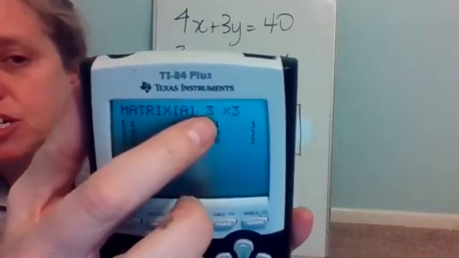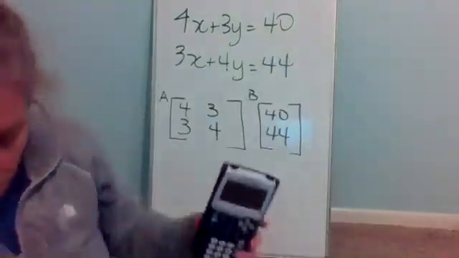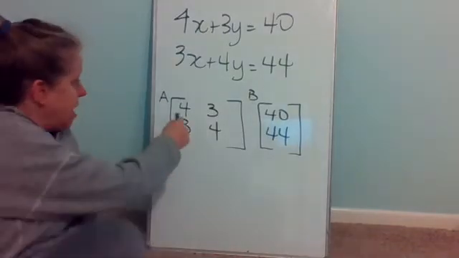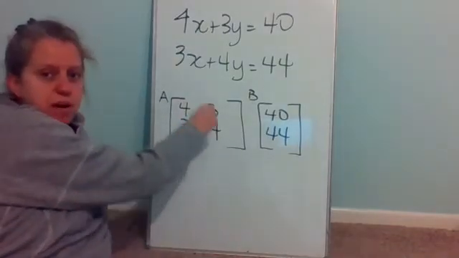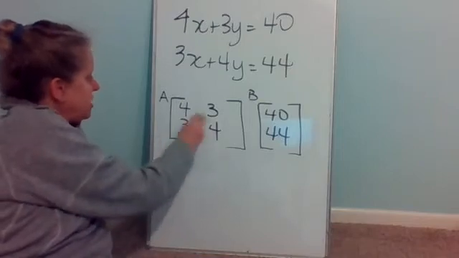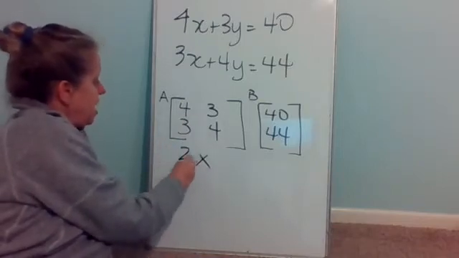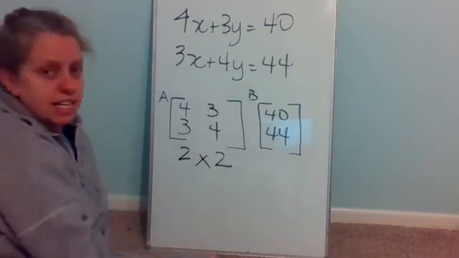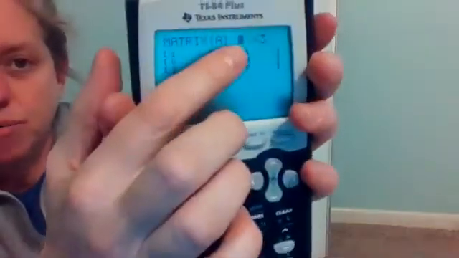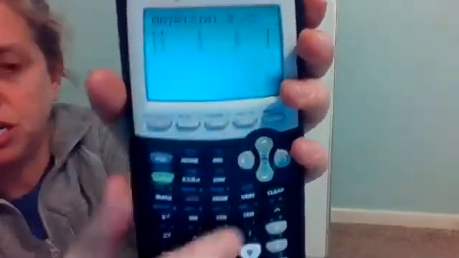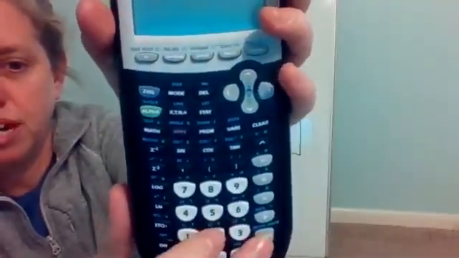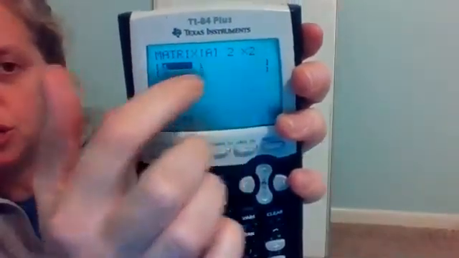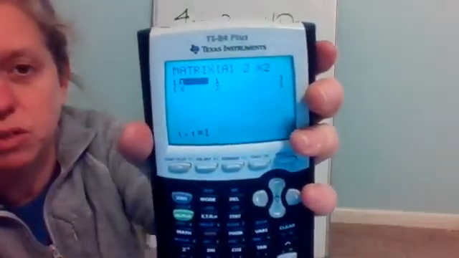So the first thing you need to do is tell this one what size you want it to be, which means how many rows and how many columns. So this matrix has 2 rows by 2 columns. So I need to tell it 2 by 2. So 2, enter, 2, enter.